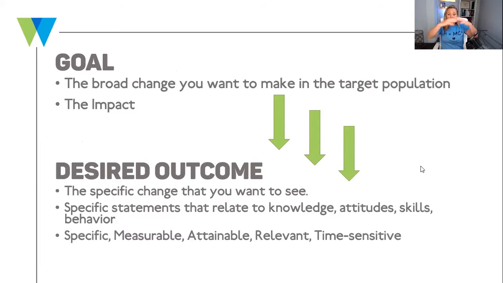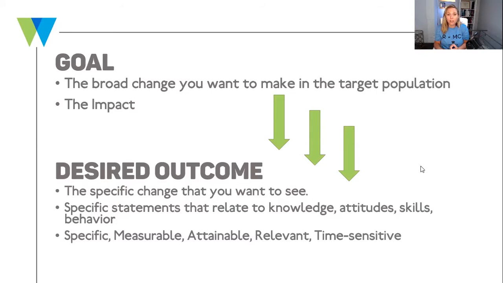If your goal is like the umbrella, underneath it you've got a bunch of desired outcomes that inch your way towards your goal. The desired outcomes are the very specific changes that you want to see. They're specific statements that relate to knowledge, attitudes, skills, or behaviors. They're the things that people are going to do differently.